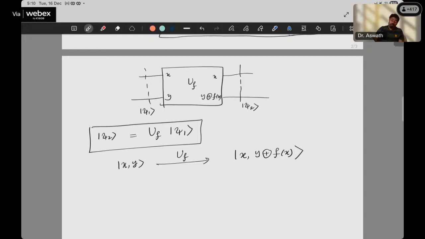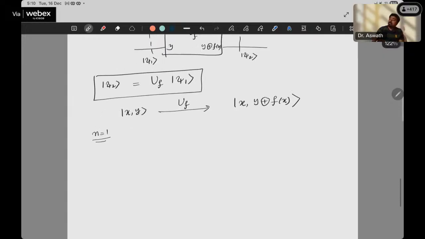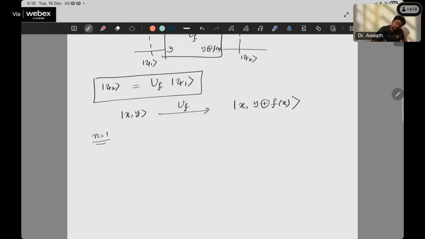Now, if you just take the n equal to 1 case, let's say I have x equal to 0 and y equal to y. If the unitary function is applied, what will I get? I'll get 0, y plus f of 0.